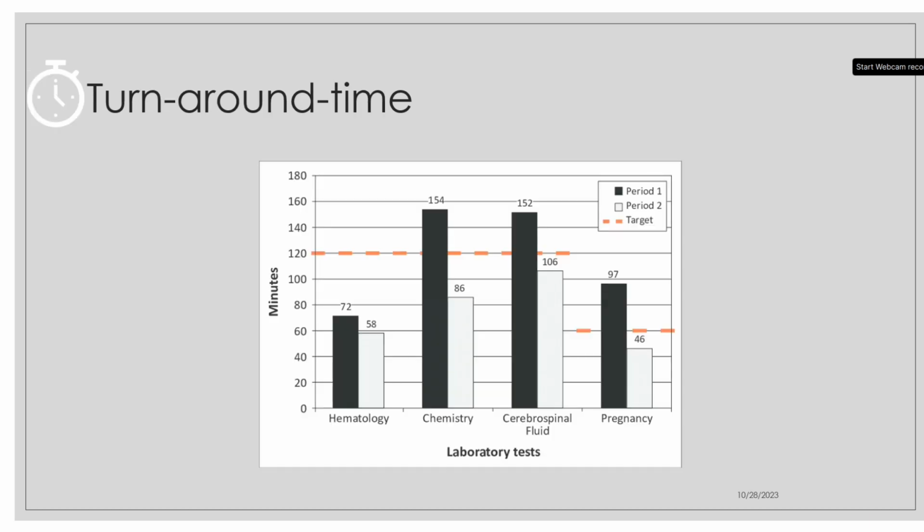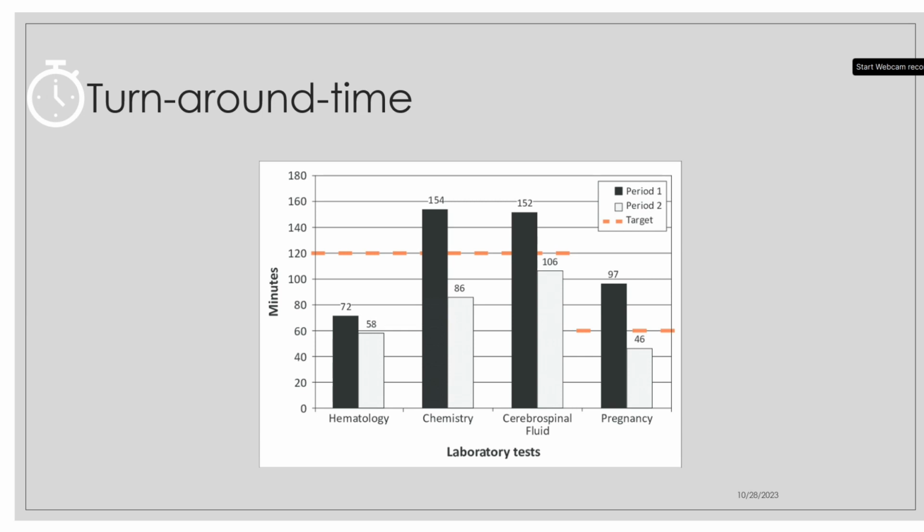This is also a graph on the turnaround time. So you look at the graph, and this is an investigation that was done over 2 different periods. So let's say, for instance, the first quarter of the year and the second quarter of the year. So that during the first quarter, they did the turnaround time analysis and realized that if someone comes in to do a test in the hematology lab, the average time spent is about 72 minutes.